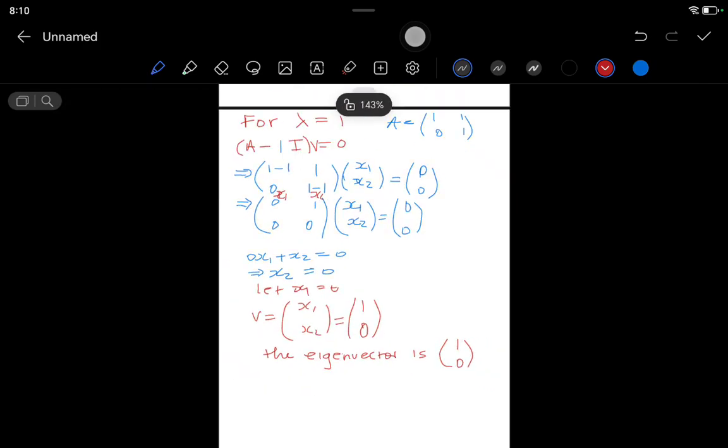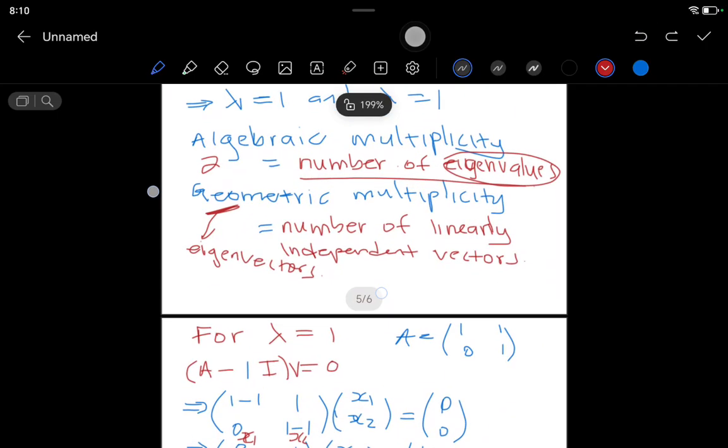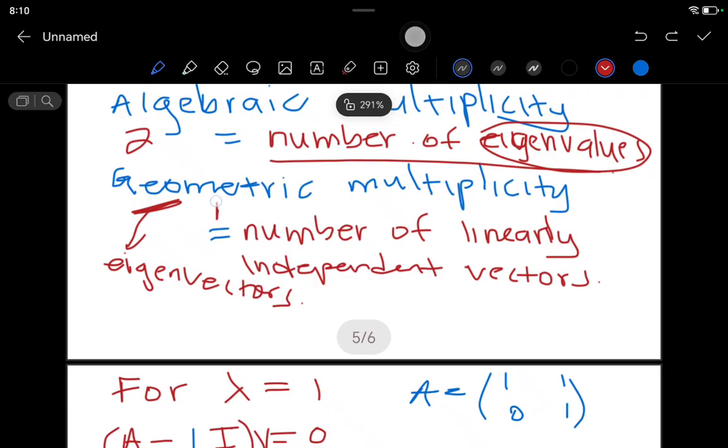So that will be the eigenvector. So how many eigenvectors did we find? The linearly independent. Obviously, we know that this is linearly independent, right? How many linearly independent eigenvectors did we find? 1. So it means that our geometric multiplicity will be 1.